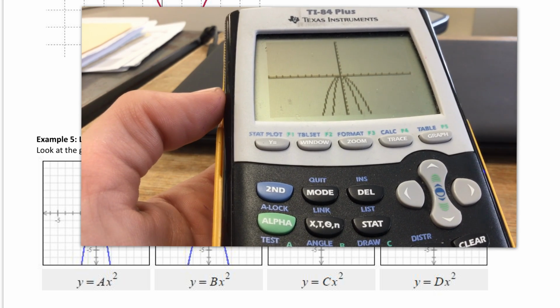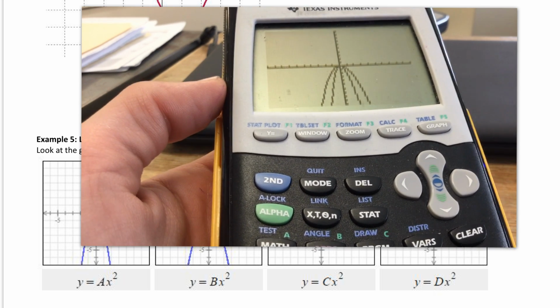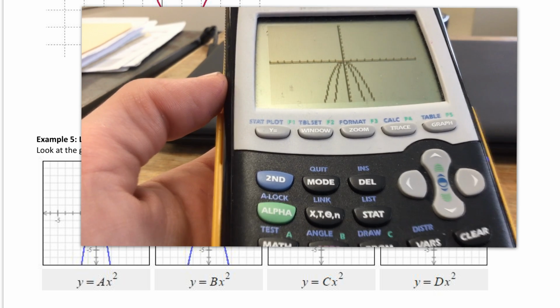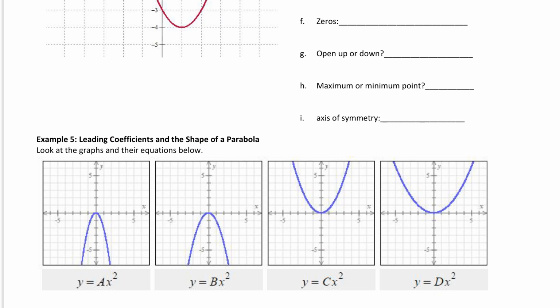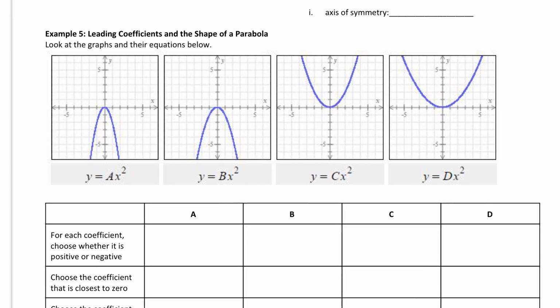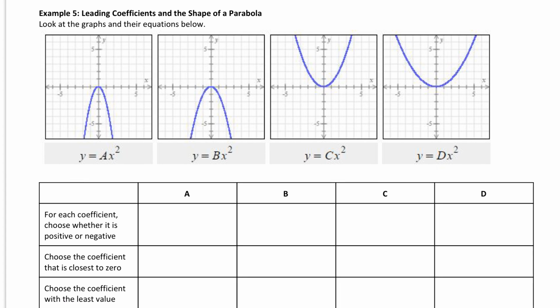Okay, so let's go ahead and start looking at what we need. So I have example 5, and I have these 4 graphs. And what I'm looking at is the number in front of the x squared, the a, the b, the c, and d. The first question I have is for each coefficient, choose whether it is positive or negative.